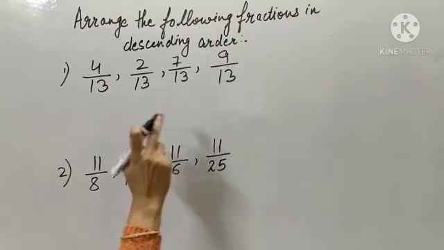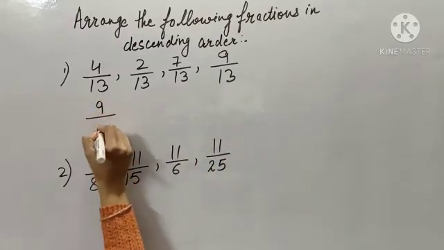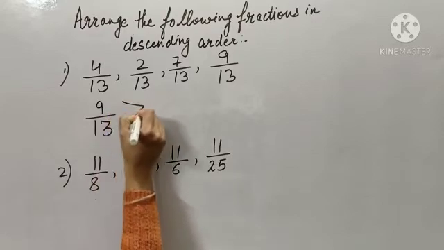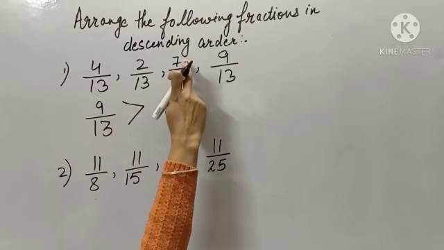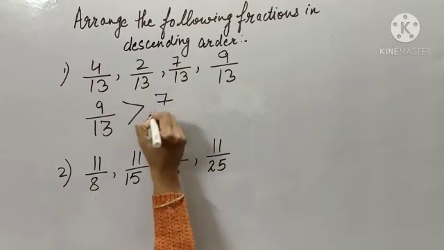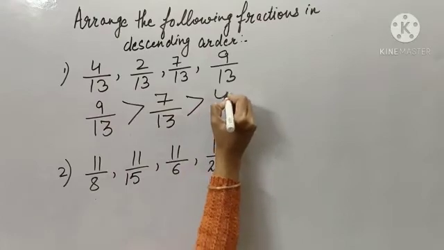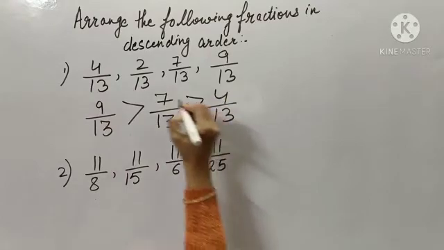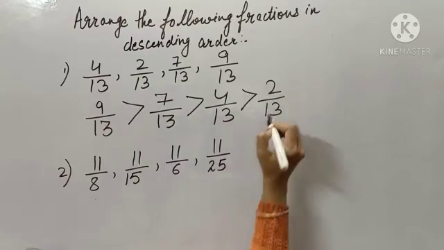Fine. So first of all I will be writing my biggest fraction. 9 upon 13 is my biggest fraction. Then what will come? 7 upon 13. Then 4 upon 13. And finally my smallest fraction is 2 upon 13.